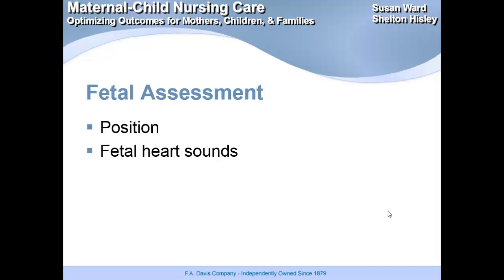You need to report this right away, and right away change mom's position, putting mom on that left side, because that's going to increase that blood flow, because that compression is not going to be on the inferior vena cava. And then if mom has oxytocin going to stimulate labor, you're going to stop that oxytocin. You're going to increase those IV fluids and get some oxygen on mom.